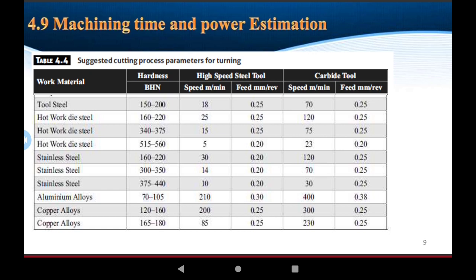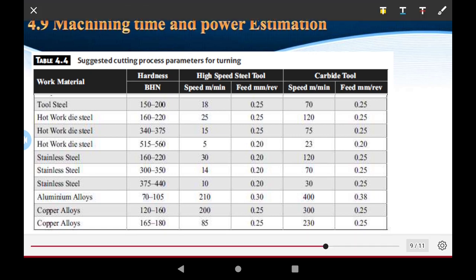Suppose this continues, this is the machining time and the power estimation. The other parameters are needed: the machining time also depends on the piece of material, and second, the power also depends on the operation performed according to the tools, okay.